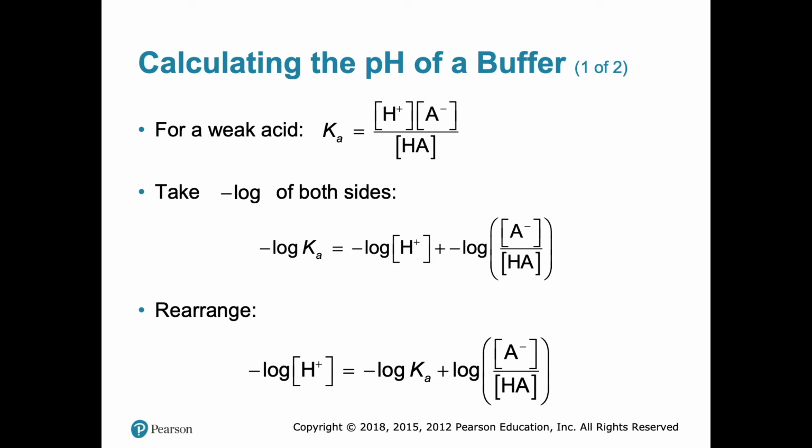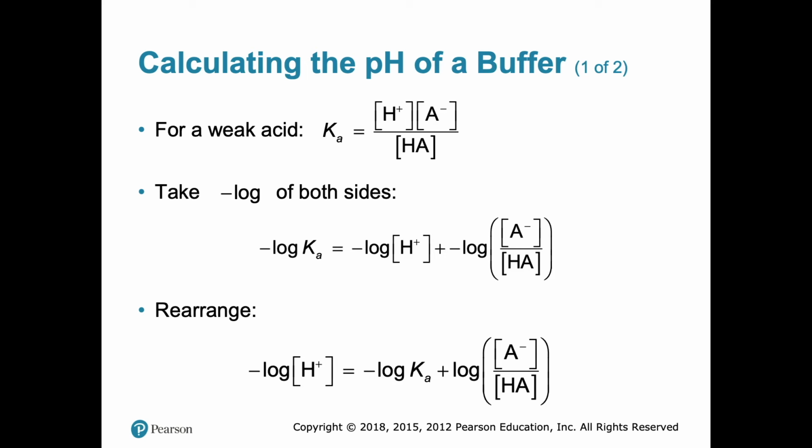The reason you do that is because this number is usually very difficult to deal with. It's always a number in scientific notation. When you take the negative log of anything, it turns something in scientific notation into a number between 0 and 14 for pH.